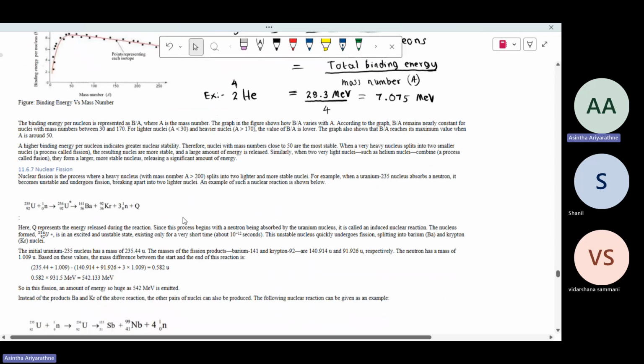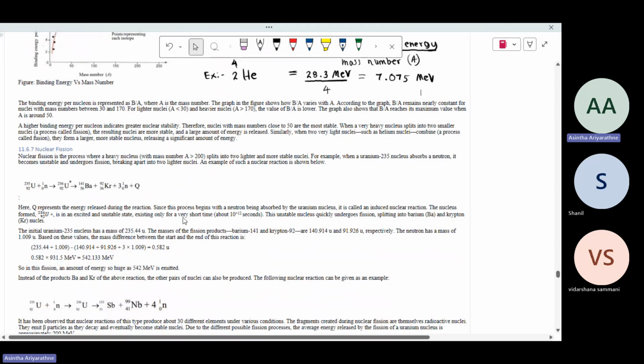Next we move on to the types of nuclear reaction. There are mainly two types: nuclear fission and nuclear fusion reactions.